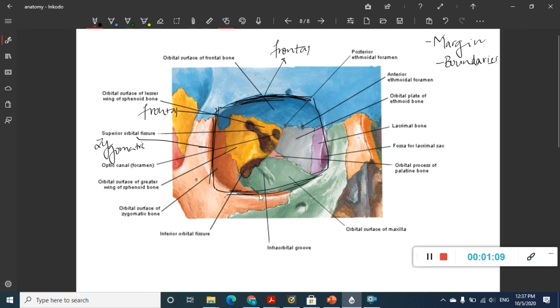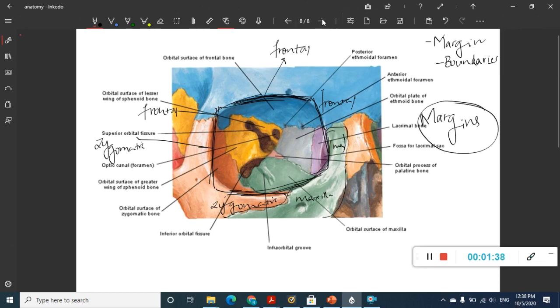If you see the lower part, you have this bone, which is again the zygomatic bone laterally, and medially you have this bone, which is again the maxilla. Then medially below you have again the maxilla, and superiorly you have this bone, which is again the frontal bone. So these are not the boundaries, these are the margins. Remember, these are the margins of the orbit.